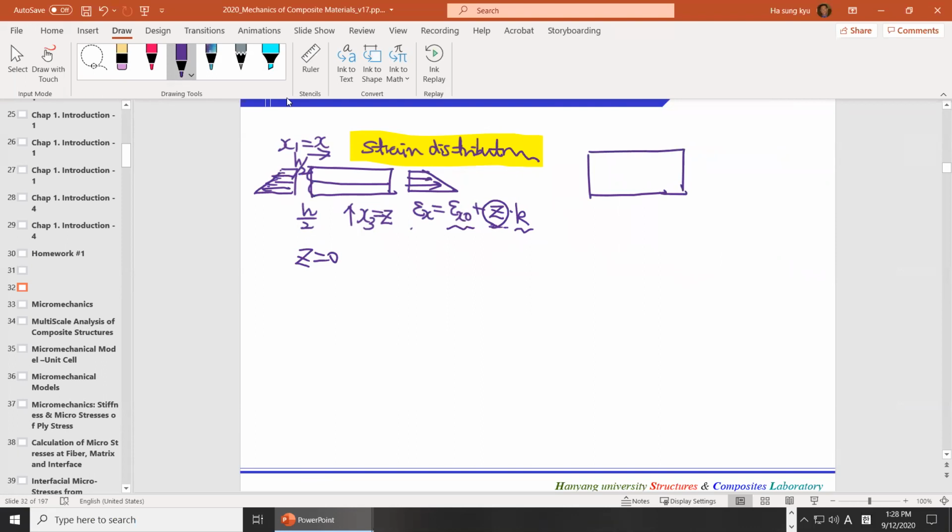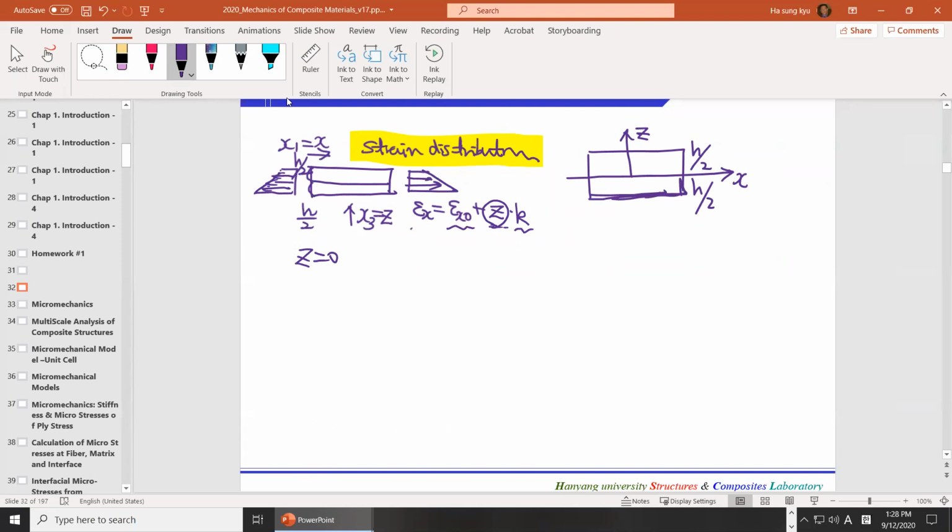Half of the thickness means that here is x, and here is z, and here is h over 2, and here is h over 2. It doesn't look exactly the same, but here is the bottom of the thickness.